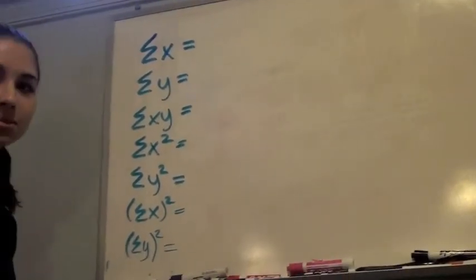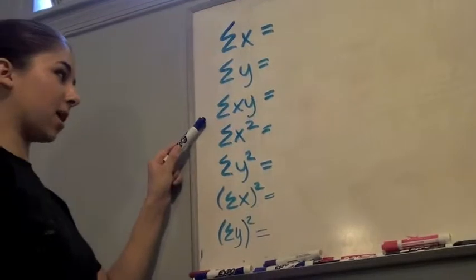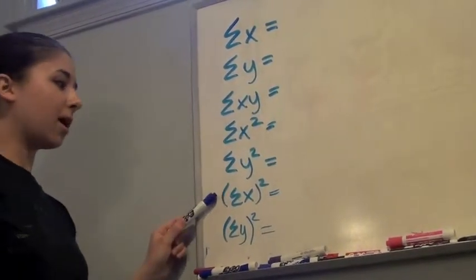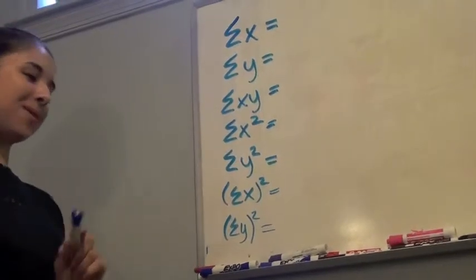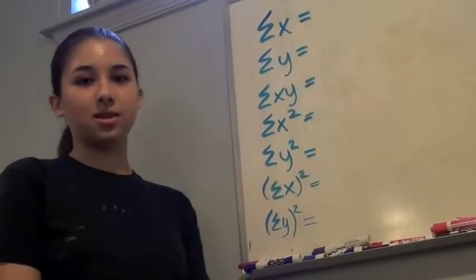To fill out this problem, you're going to need to find the sum of x, sum of y, sum of x times y, sum of x squared, sum of y squared, sum of x squared, and sum of y squared. Now you've already filled all this into your calculator with the list, so it's really easy to find.